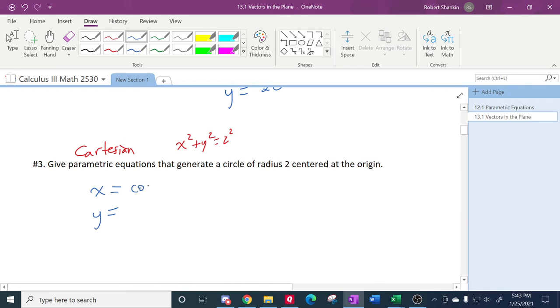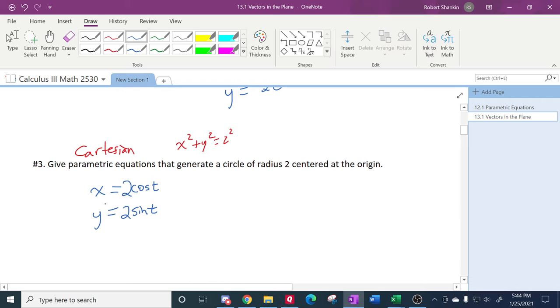Cosine here, and sine here, or sine up here and cosine here. It doesn't matter. It will change the starting point, and it will change the direction in which you rotate around the circle. This would give me a circle centered at the origin of radius 1. And then if we just plop 2 in front, that's now a radius 2.